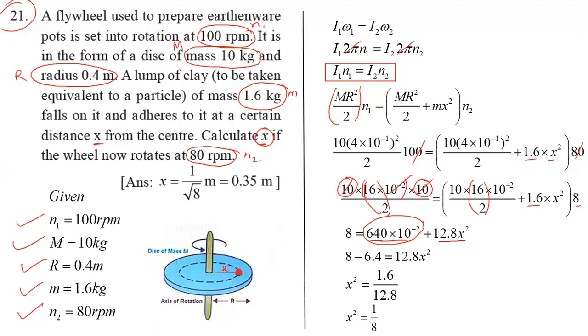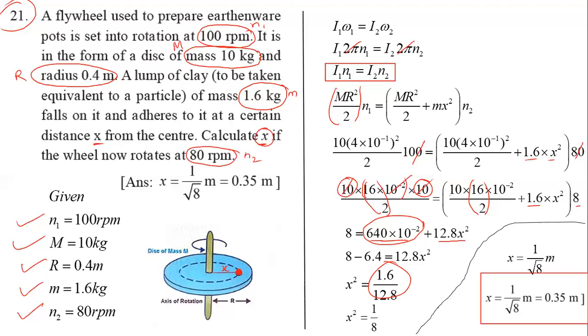So x square is equal to 1 by 8. So this division is coming 1 by 8. So we can write x is equal to 1 upon root 8. So we get the answer: x is equal to 1 by root 8 meter. 1 by root 8 is equivalent to 0.35 meter.